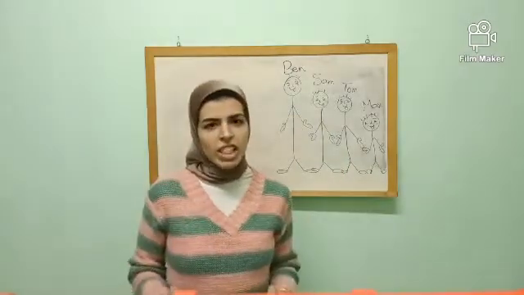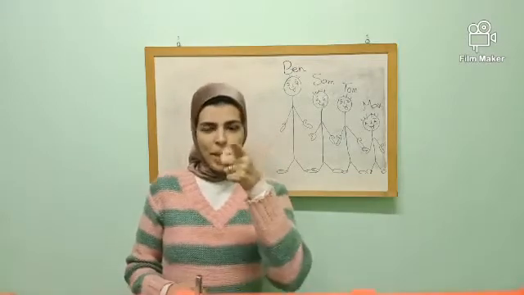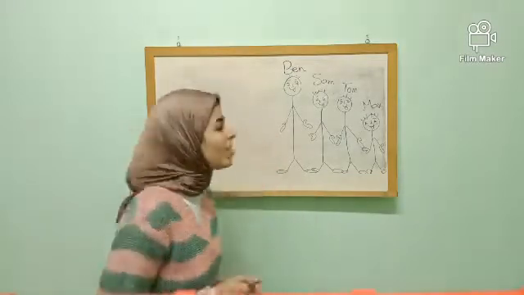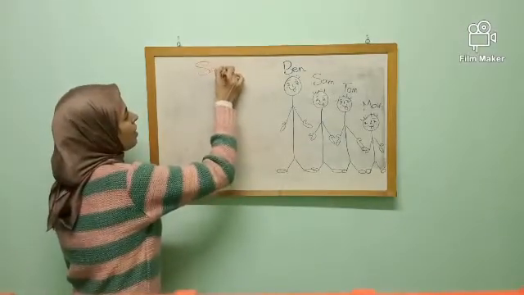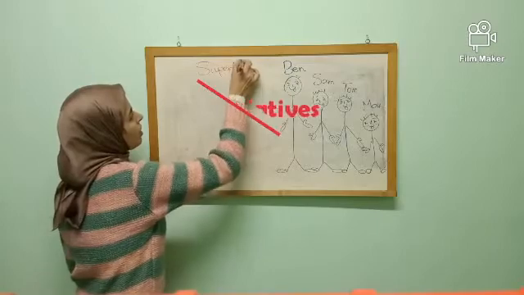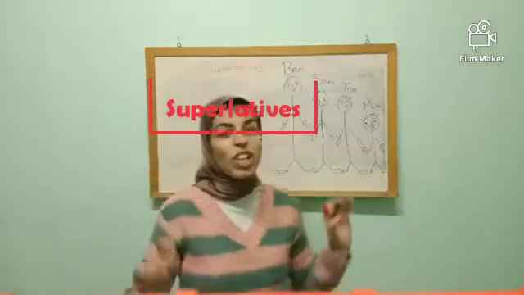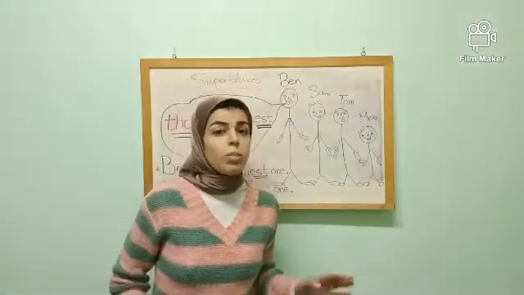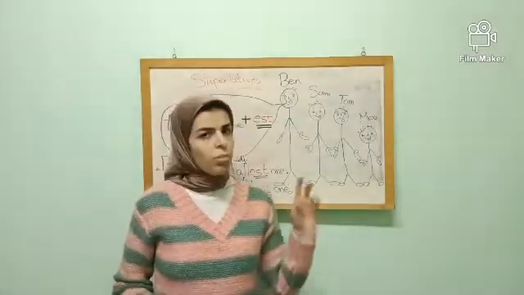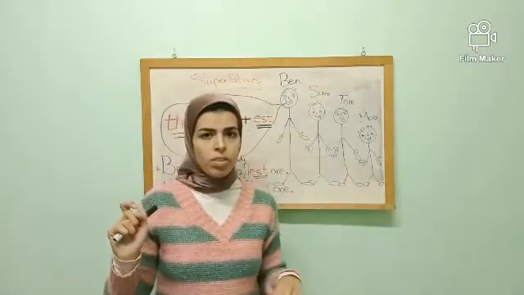Okay, can you guess now what our lesson is about? Bingo! It's about what here? Yes, it's about superlatives. So, we use superlative to compare between one and many members.